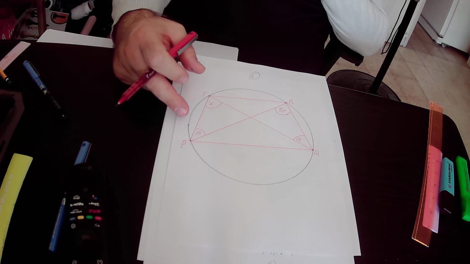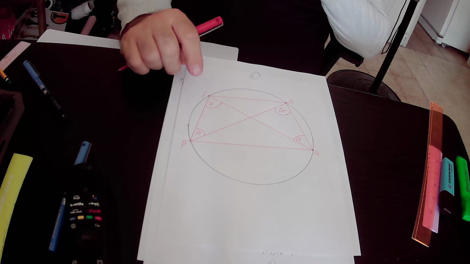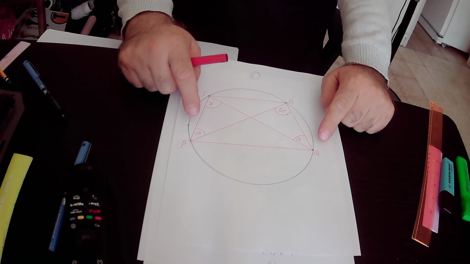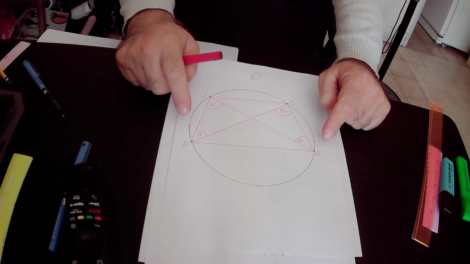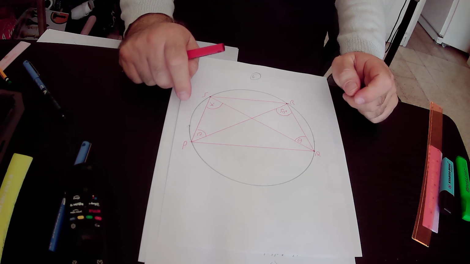So in this drawing you can see that angle X subtends on chord PQ, and this angle that equals 50 degrees subtends on the same chord PQ.